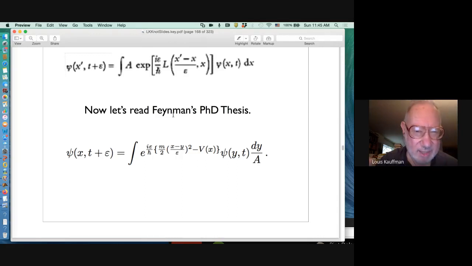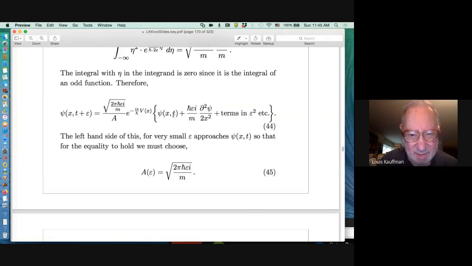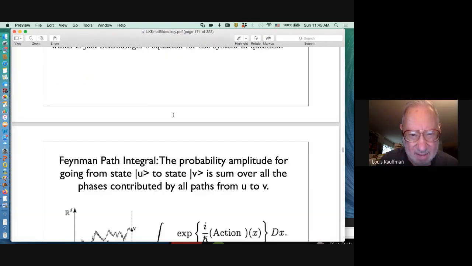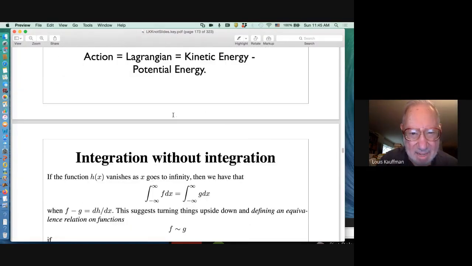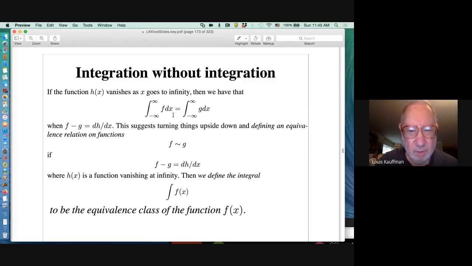He expands it into a Taylor series, uses some Gaussian integrals, and out comes a piece that indeed is a solution to Schrodinger's equation. But as I said, I do not want to drag you through that. There is the question of what we mean by the integral.